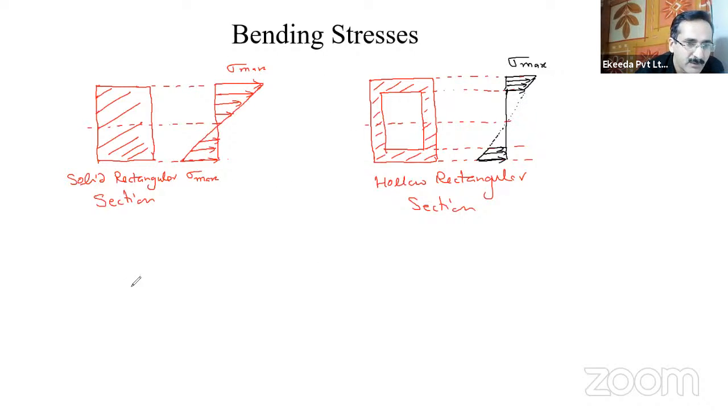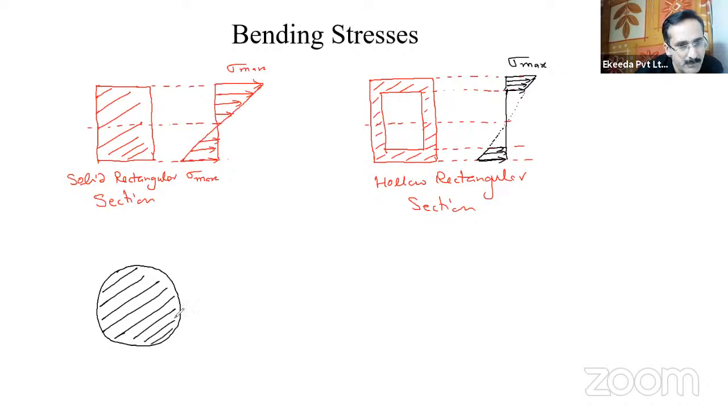Similarly, we can have a solid circular shaft like this. This may be a solid circular shaft. The cross section is circular and solid.